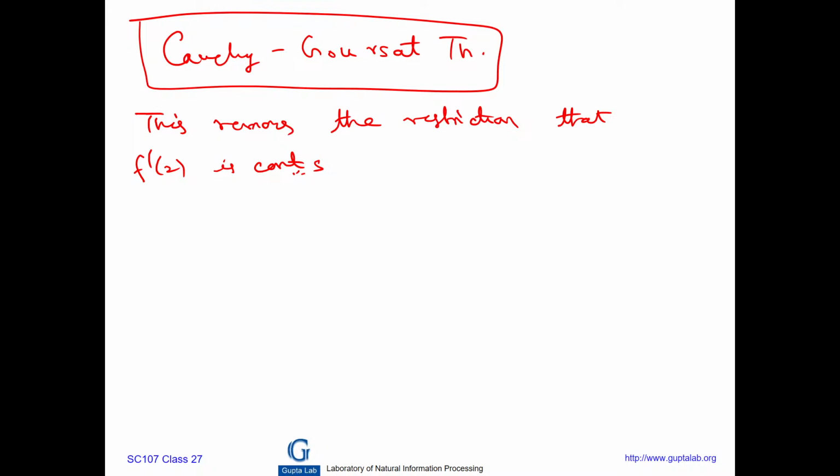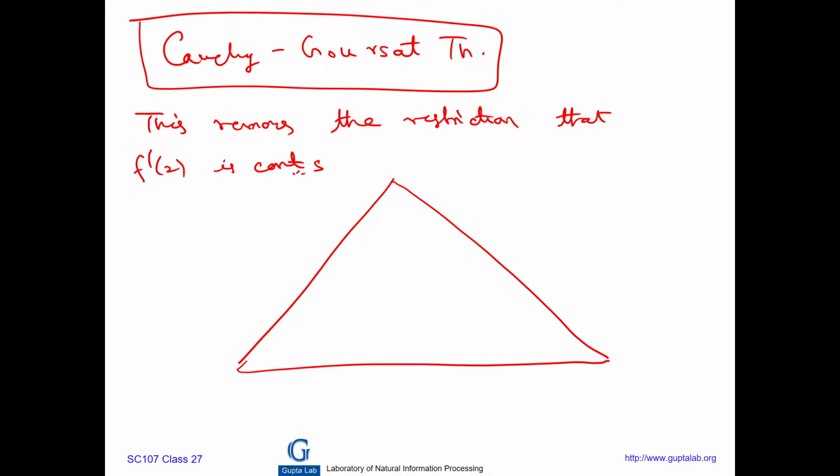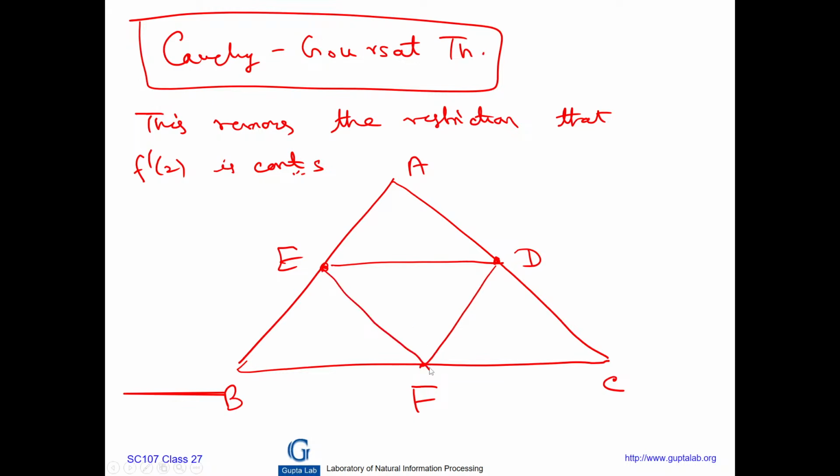Okay, so let us take a triangle A, B and C. Suppose I take some midpoints here, E, D, F. So this is a positively oriented curve, remember, when the region is on the left side.